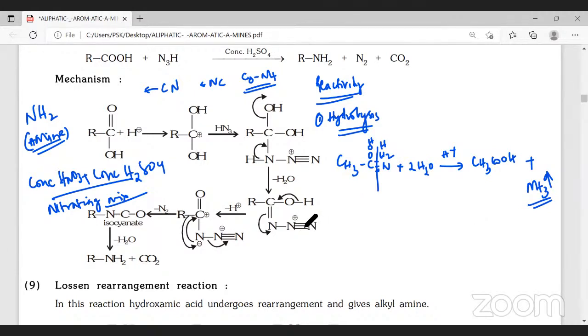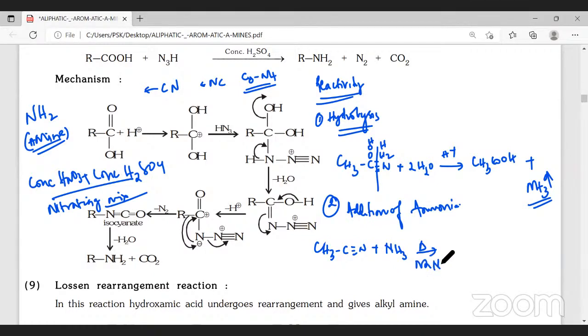The second reaction is addition of ammonia. Now, a cyanide, CH3, C triple bond N. When the cyanide is heated with ammonia in the presence of soda amide, one of the bonds breaks here.